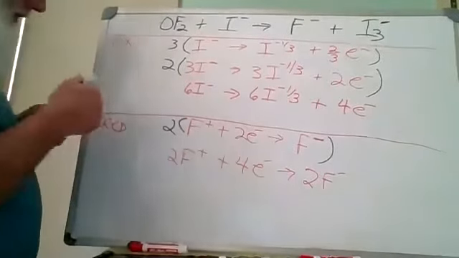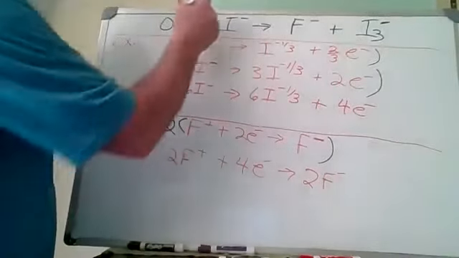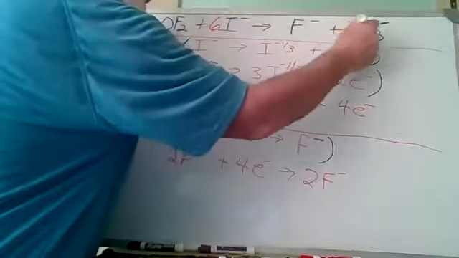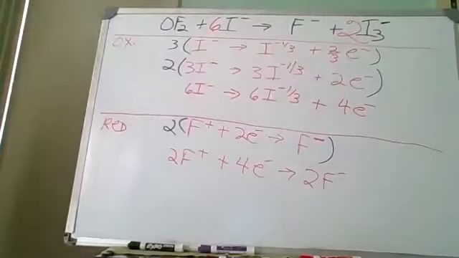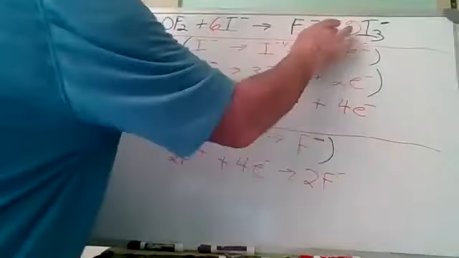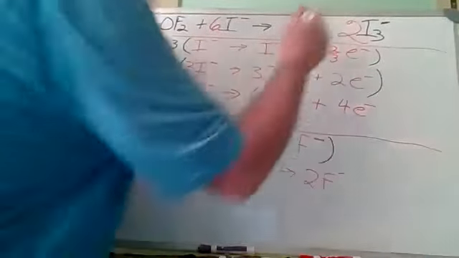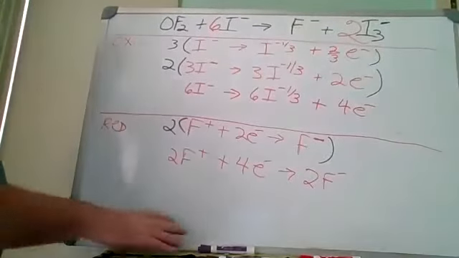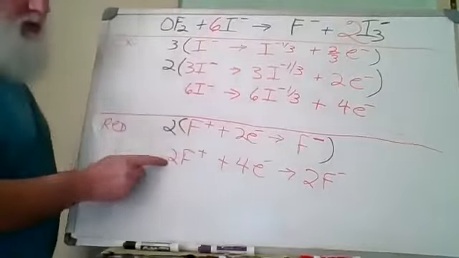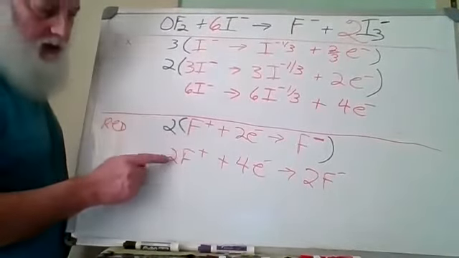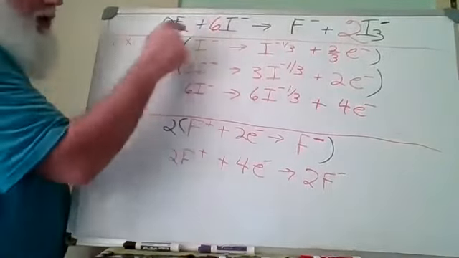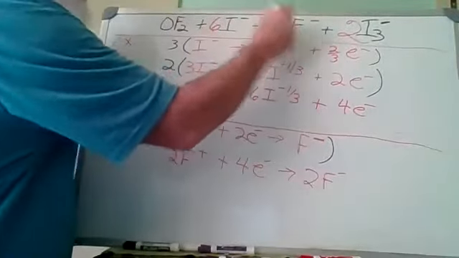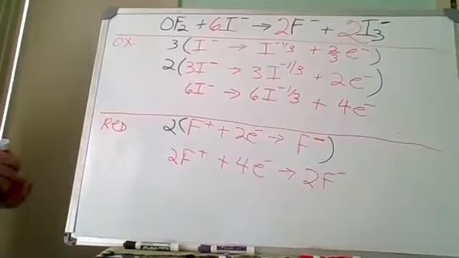So I'm going to put a 6 here, and that means I need to put a 2 here. Now, I have 2 fluorines being reduced. I better have 2 up here. Well, I have 2 here, but I only have 1 there. So I'm going to put a 2 there.